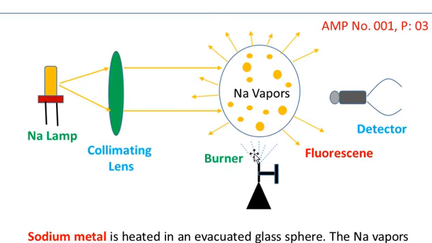But if you place the chamber, the sodium vapors will absorb the light and emit it in different directions, as I have indicated with these arrows, but not in the direction of the detector. So the sodium light which was coming to the detector in the absence of this chamber will now be missing, and this is referred to as absorption spectroscopy.